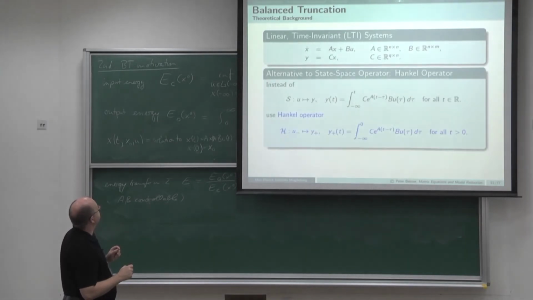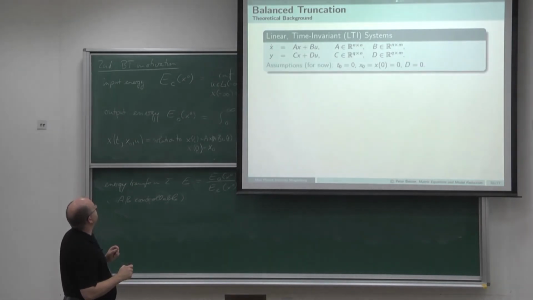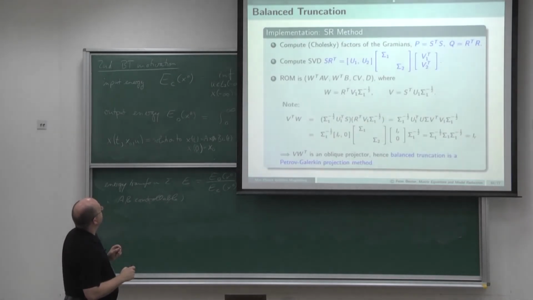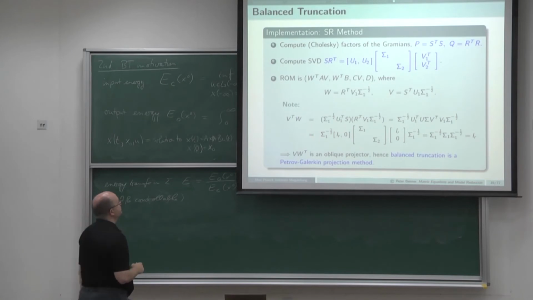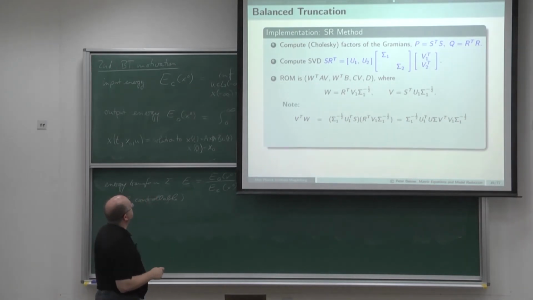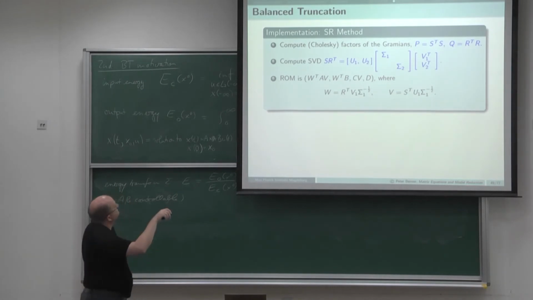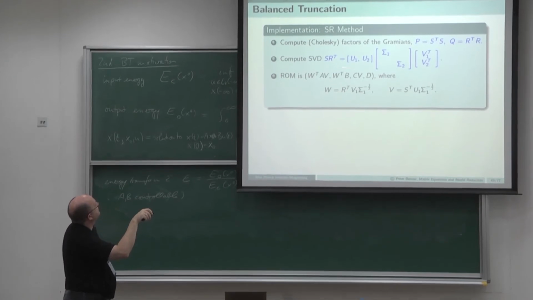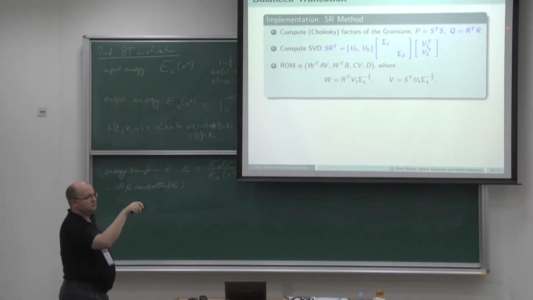I think I can do that faster. So here's this SR procedure to compute the reduced order model. Here's that line that I forgot is there. You need a P and a Q that can be factored in this way.